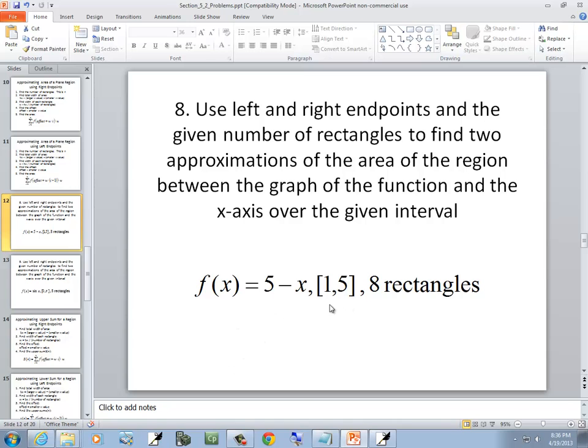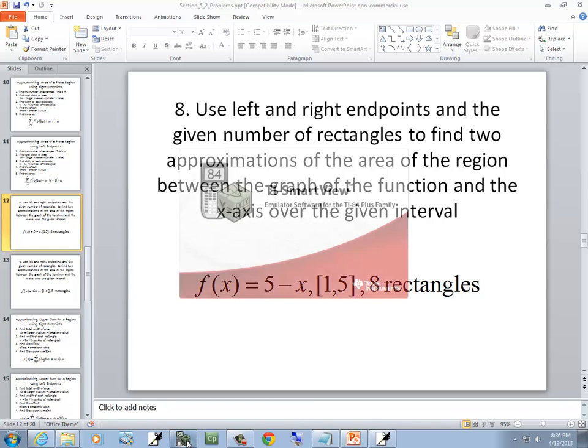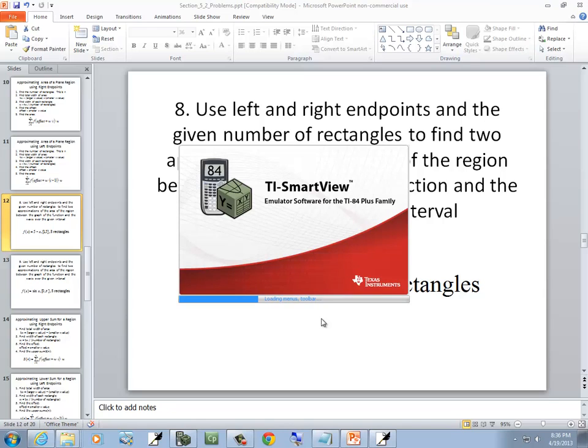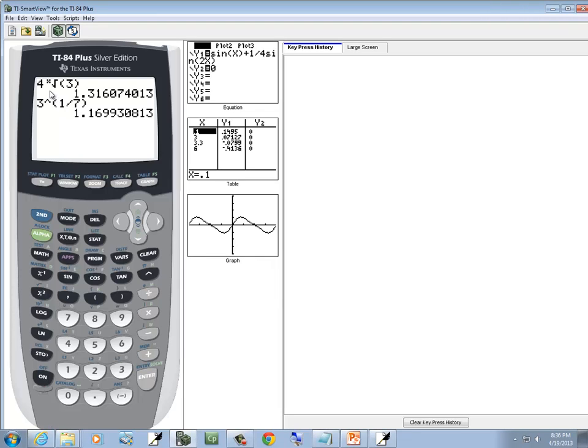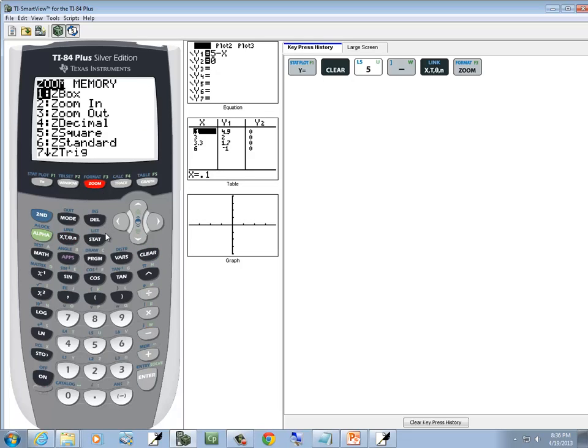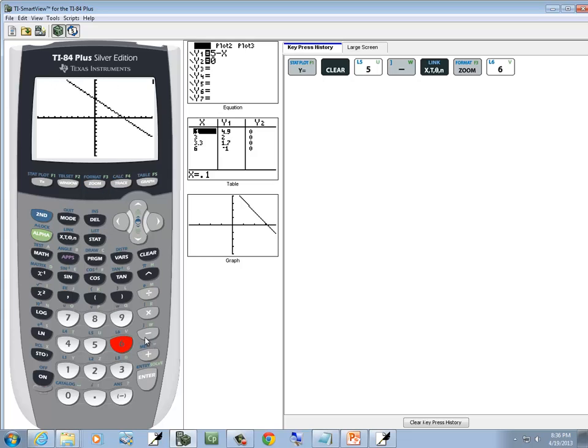Now, if I were to show this on the calculator, we haven't covered this yet in this course, but if I go to y equals, press clear, put in 5 minus x. I'm going to press zoom and choose Z standard, number 6, like this.